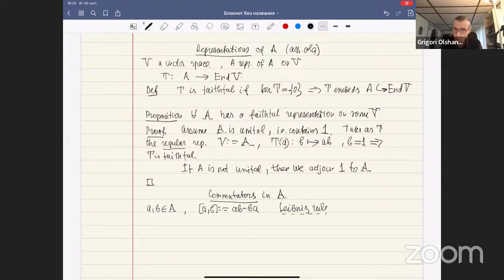Assume we want to take the commutator of some A with a monomial in certain elements B1 and so on.